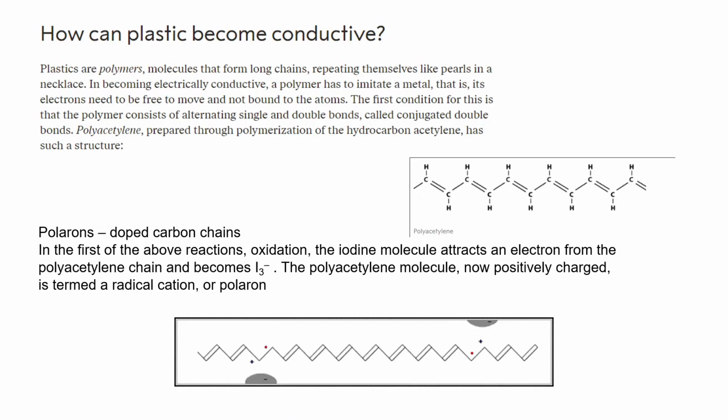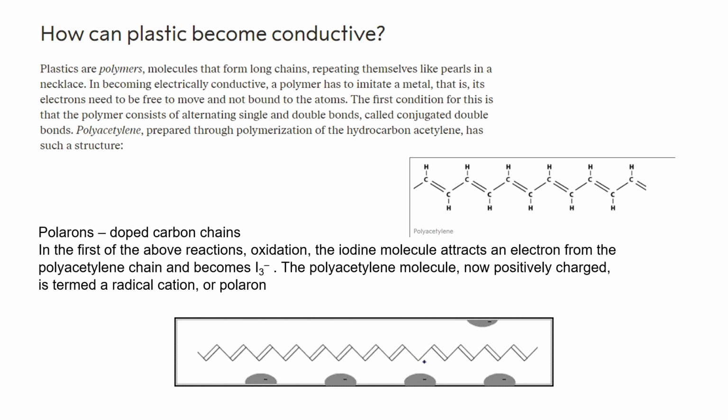Another thing we have learned is how this kind of polymer, plastic, can become conductive. Plastics are polymers, so long chains are there, and if you want to make them electrically conductive, you need something that can control the flow of electrons from one end to another.